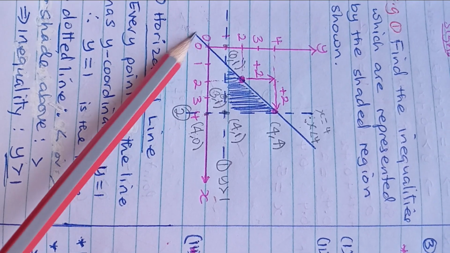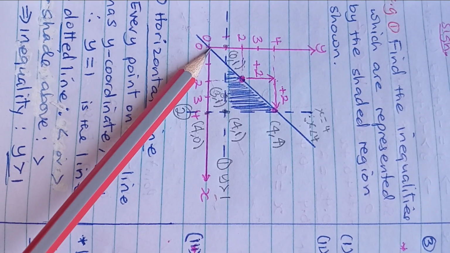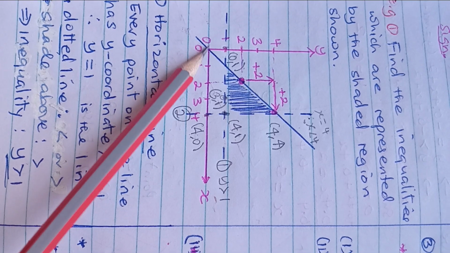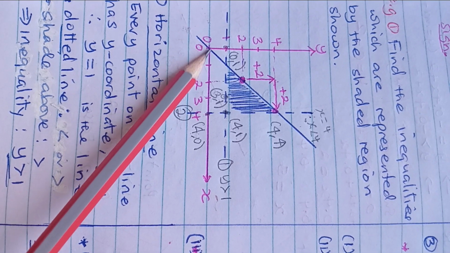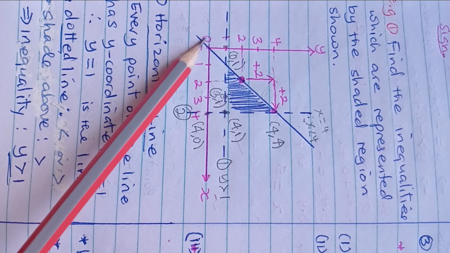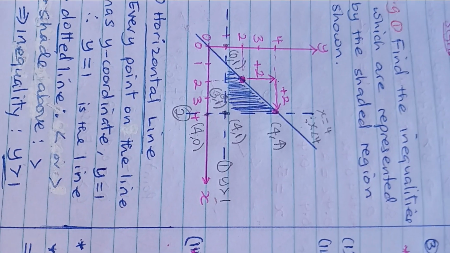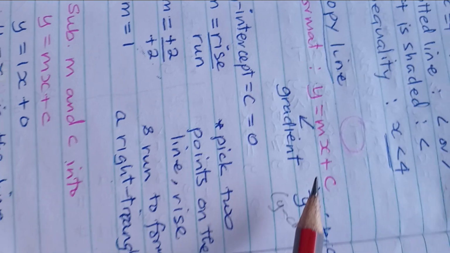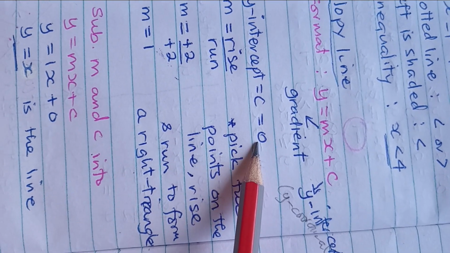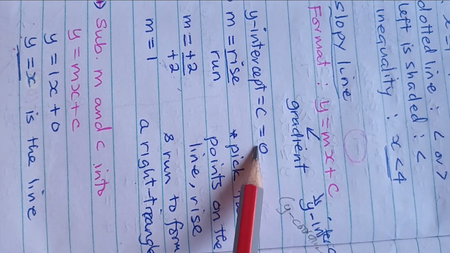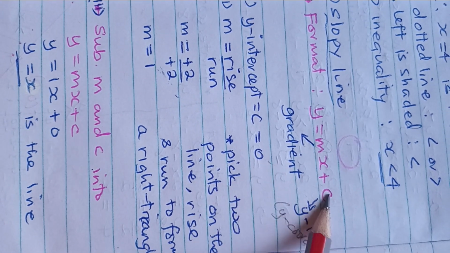If you look at both coordinates, x is 0 and y is 0. So the c only represents the y coordinate, which is 0. So there it is, we have our y-intercept found. That's 0, which will be the c value.